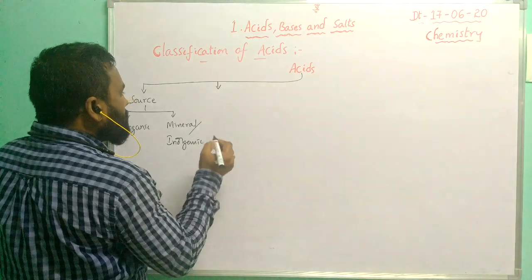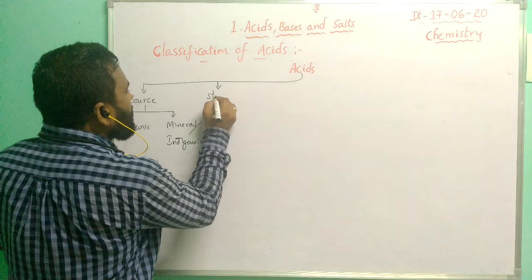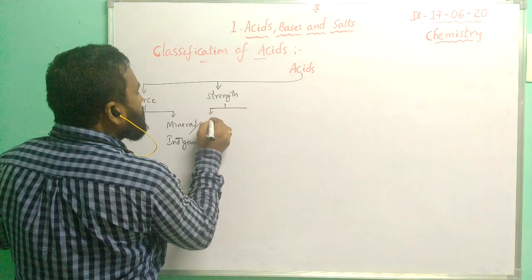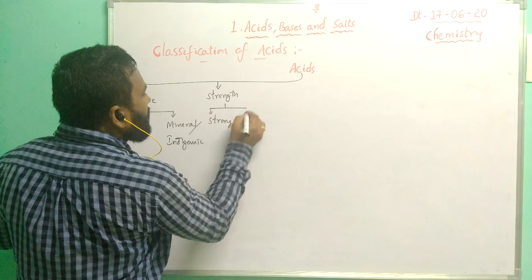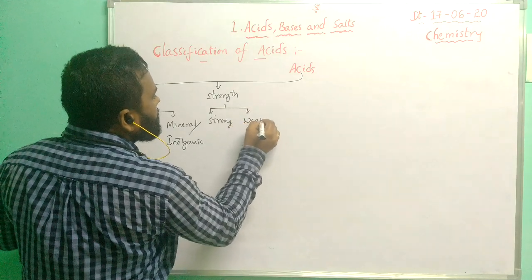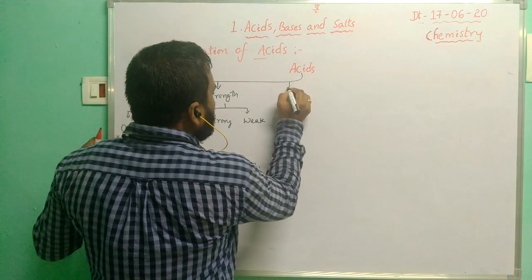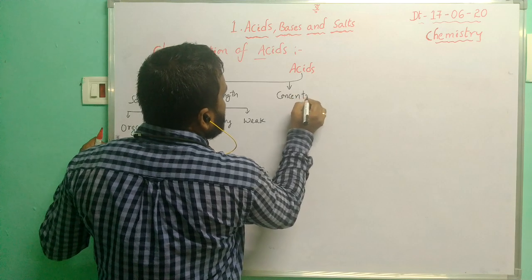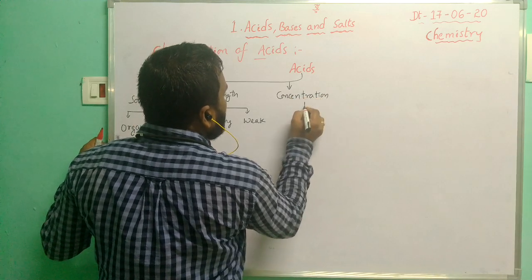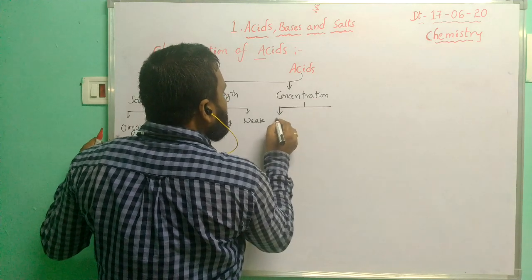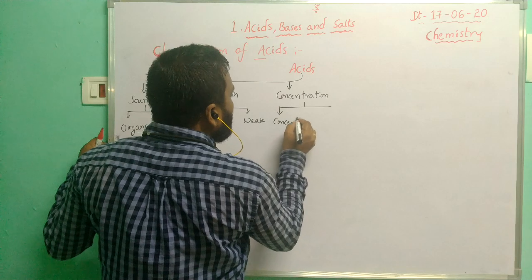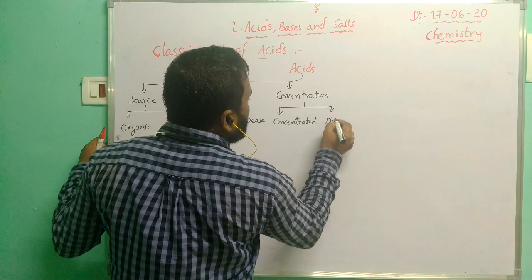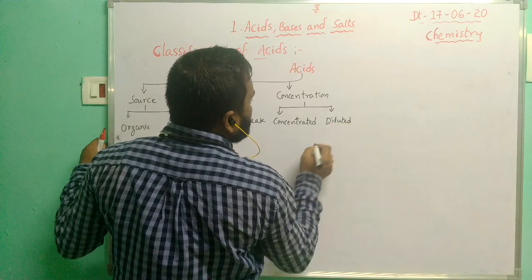Acids can be classified into two types based upon the strength: strong acid and weak acid. Acids are also classified into two types based upon the concentration: concentrated acids and diluted acids.